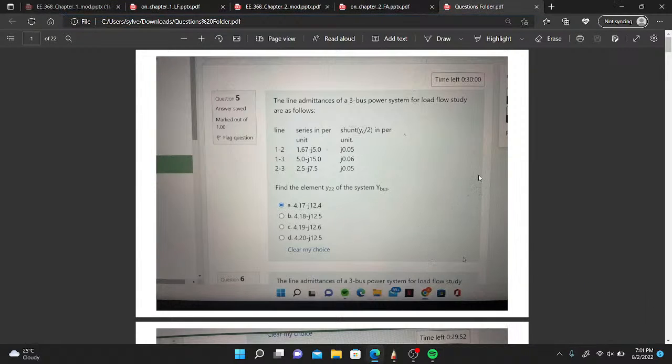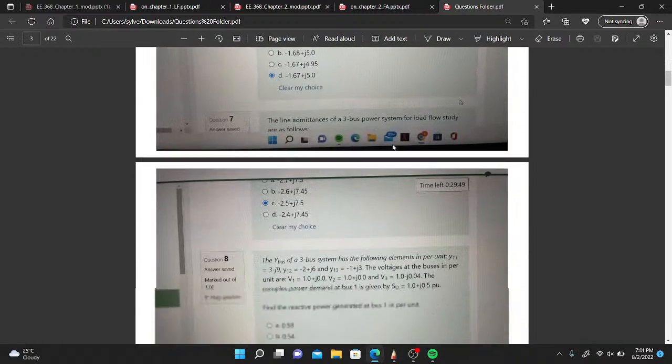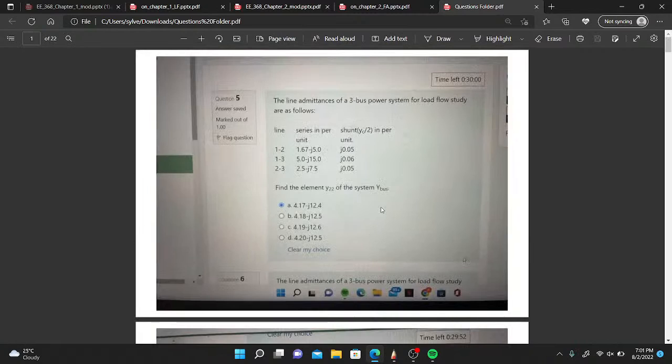The first questions we'll use are the online quiz we did. So look at these online quiz questions, then we'll proceed from there. These are Unit 1 questions that we'll be looking at today.